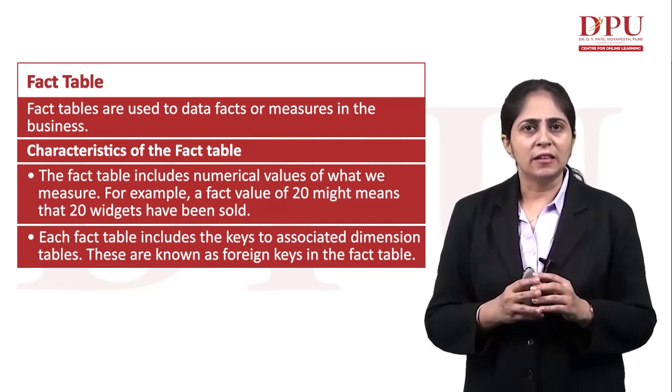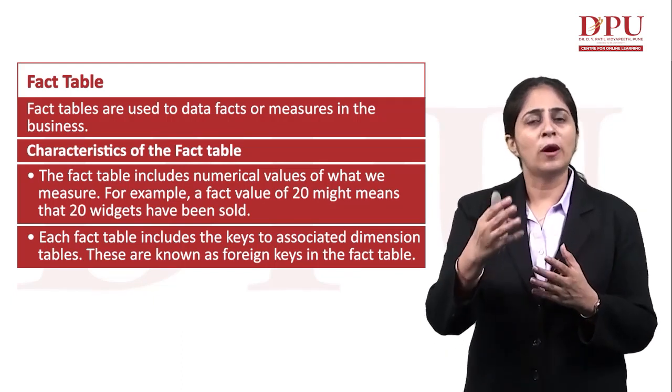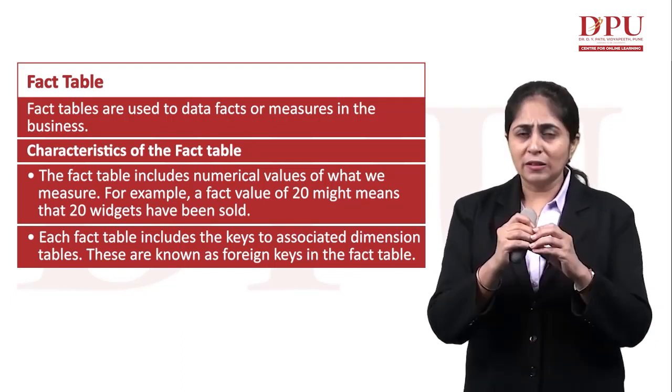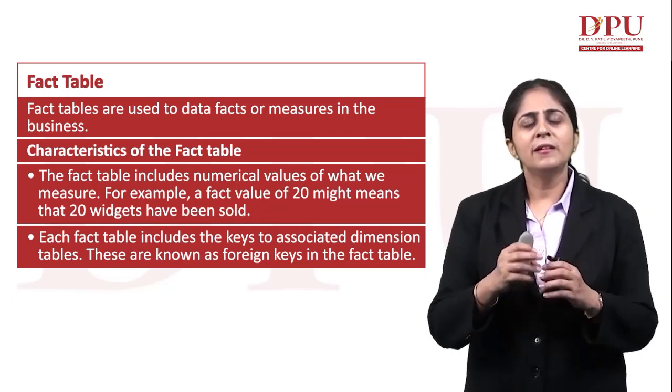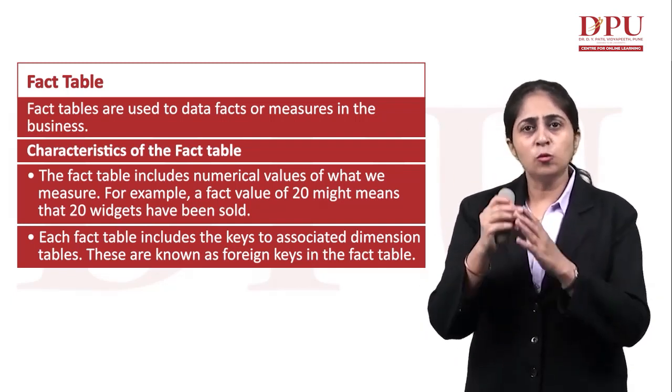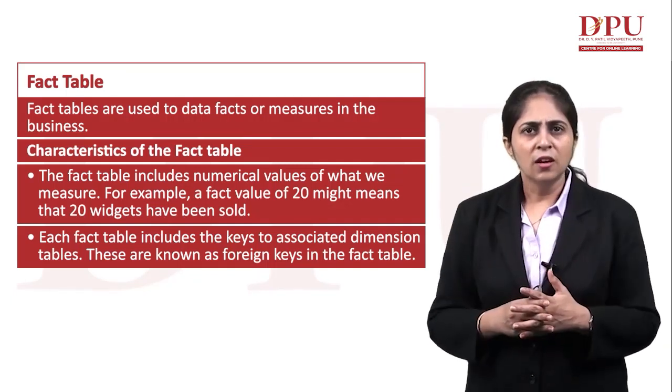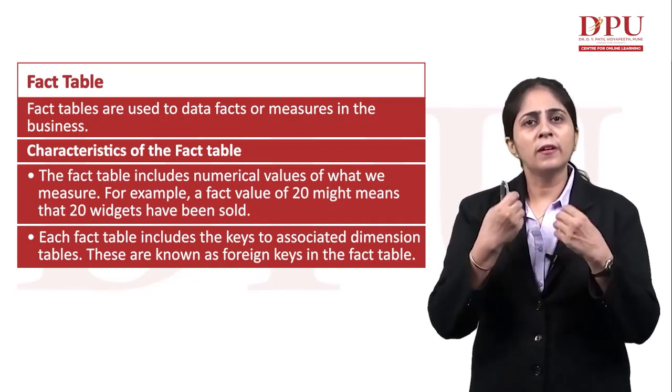If somebody says roll number 1, that is your primary key. That is a key using which we can refer you. Similarly, admission number is one key using which you can be referred. So key is something which is used for referring.